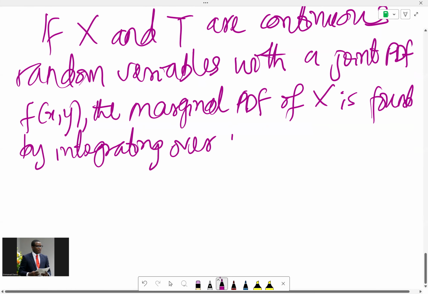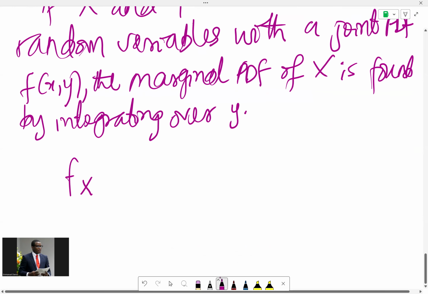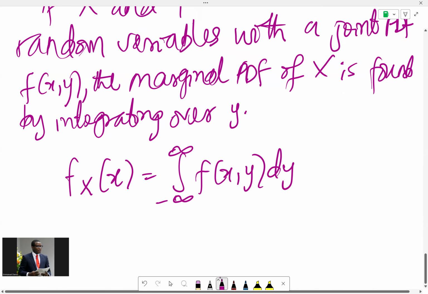That means f of x equals the integral from minus infinity to infinity of f of x, y, dy. So we are looking for x, but we integrate over y.